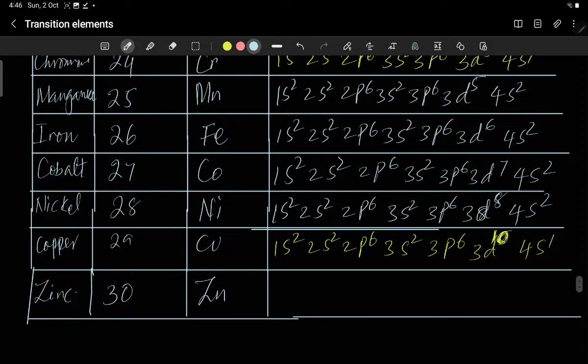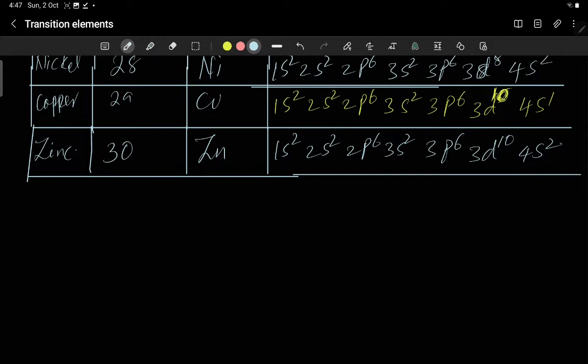And zinc follows the same pattern: 1s2, 2s2, 2p6, 3s2, 3p6, 3d10 and 4s2.